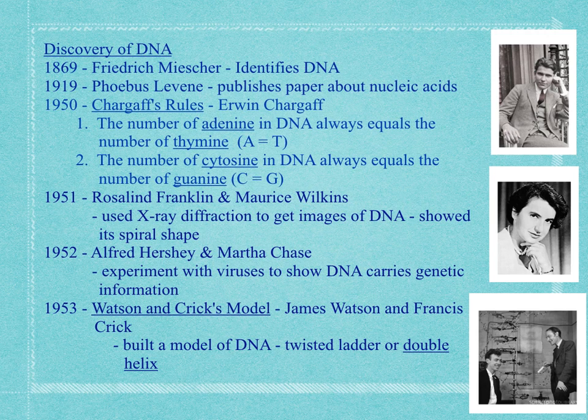And their model showed that DNA had what we call a double helix shape or a twisted ladder, or some people say it looks like a spiral staircase. So they are the ones who really came up with the model and the idea of what DNA really truly looked like, so how it was put together.